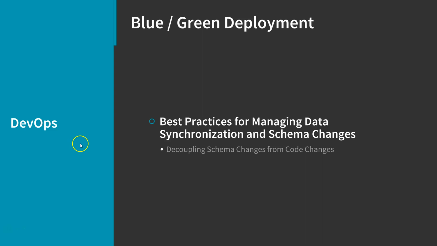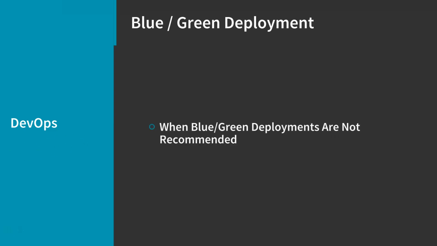And finally, I'd like to conclude this video by talking about when blue-green deployments are not recommended. As blue-green deployments become more popular, developers and companies are constantly applying the methodology to new and innovative use cases. However, there are some common use case patterns where applying this methodology, even if possible, isn't recommended.